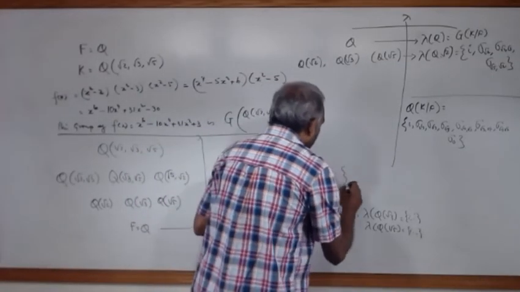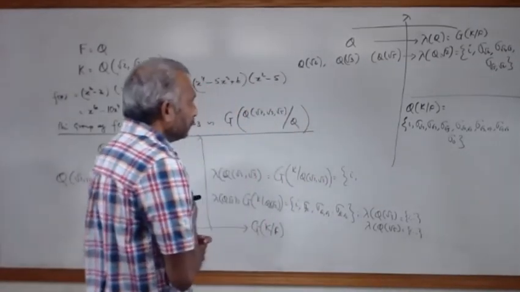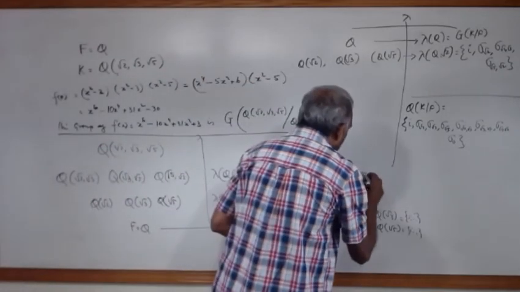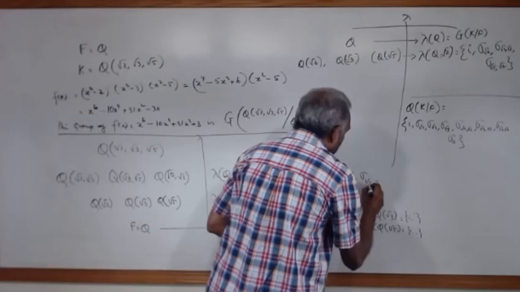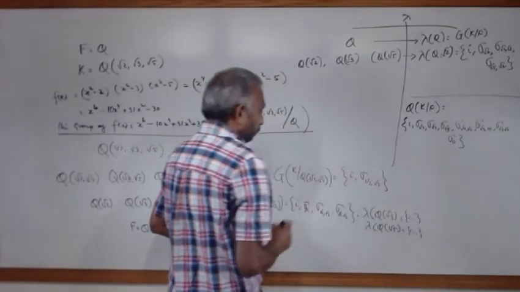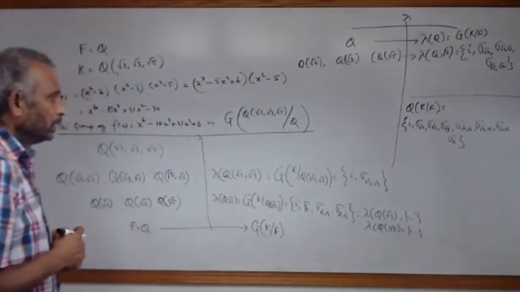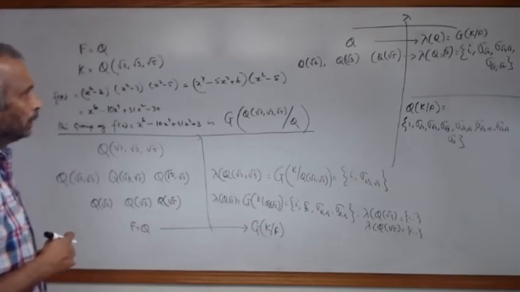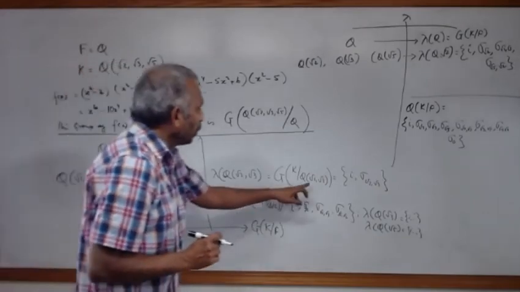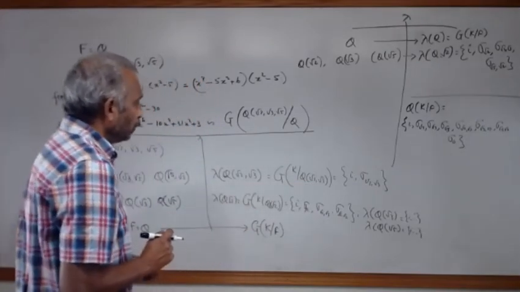So that will be, definitely I will be there, and sigma root 2 root 3. Just got only 2 elements and nothing else, because you have to fix both Q root 2 and Q root 3, right? Root 2 and root 3.